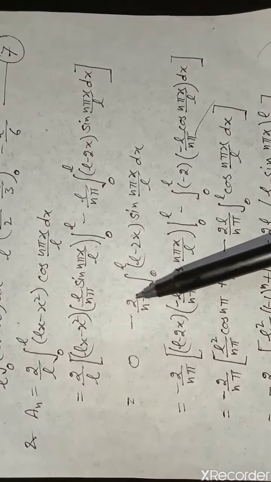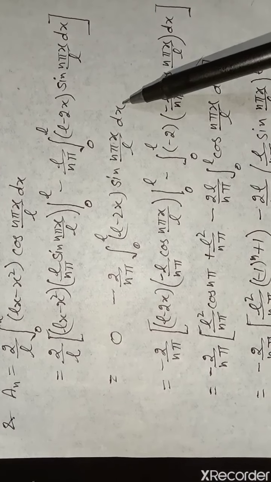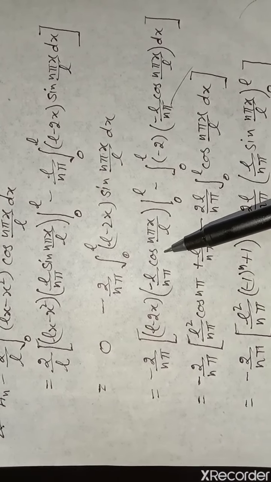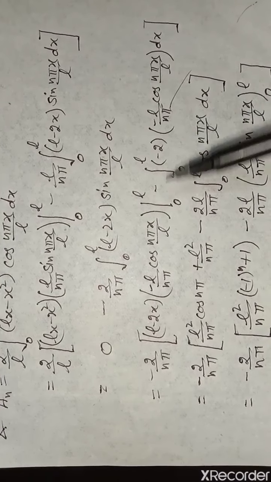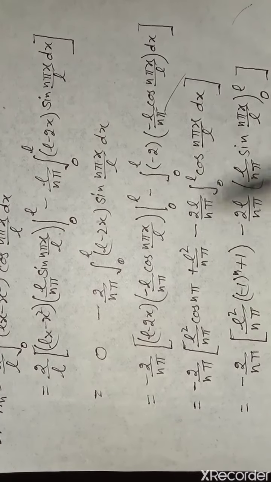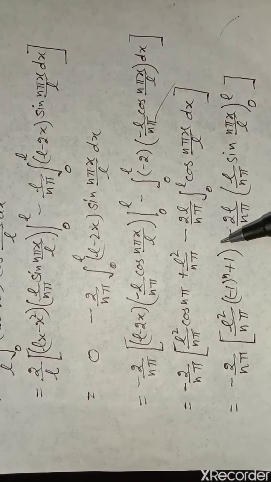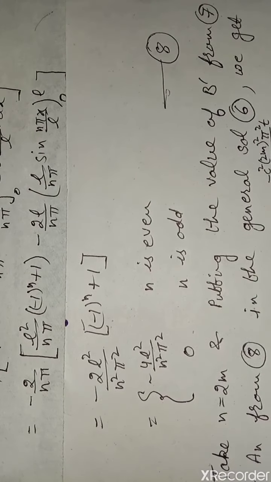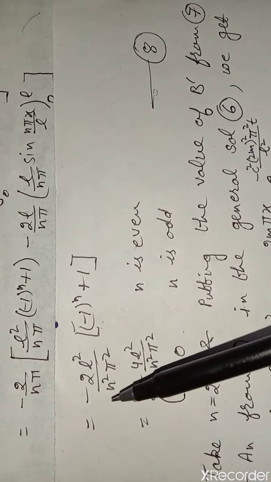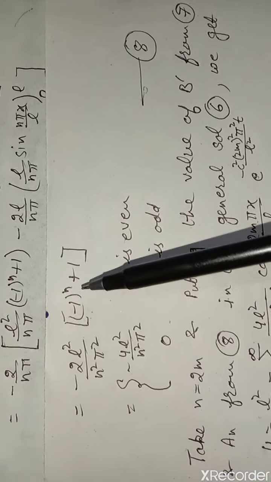So negative of 2 by n pi, integration from 0 to L of (L minus 2x) sine n pi x by L dx. Again we take first function and second function: first function times integration of second function minus derivative of first function times integration of second function. After doing all these simplifications, finally you will get this is the value of an.